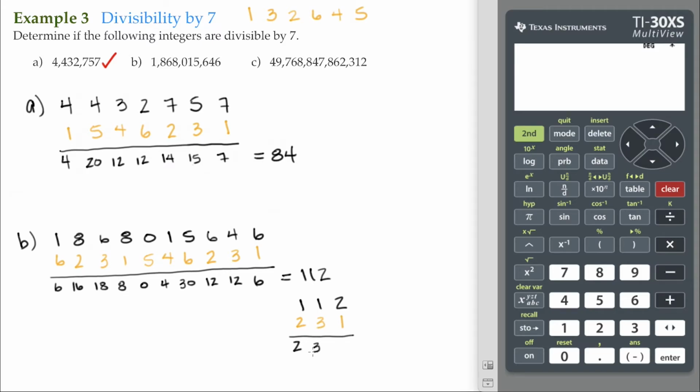This is 3. And this is 2. We add them up. 2 plus 3 is 5, plus 2. That's 7 without a doubt. 7 is divisible by 7. So therefore 1,868,015,646 is divisible by 7. And let's try C.